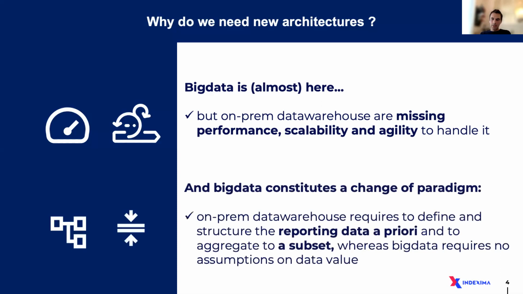But apart from those issues to scale and to extend performance, there is a deeper change, a deeper paradigm shift in big data. Big data is not just the same thing bigger. In a big data architecture, we do not know the value of the data before having analyzed it.